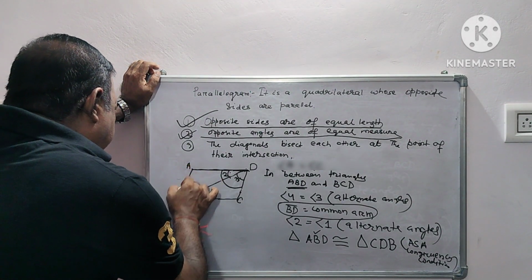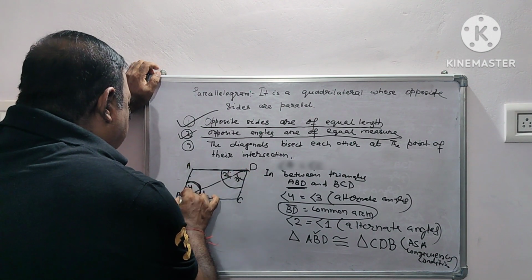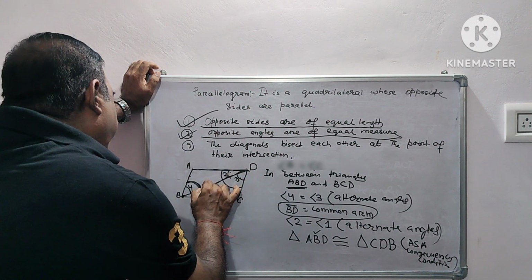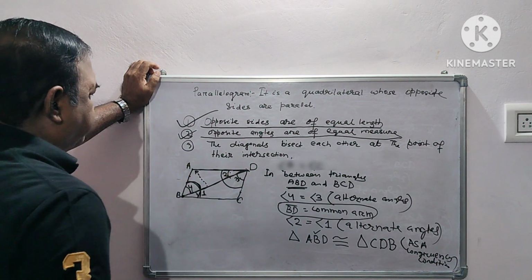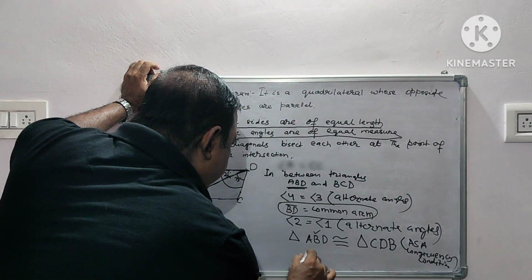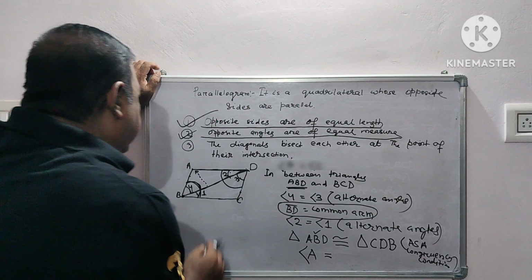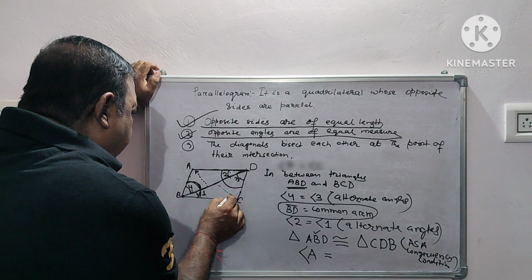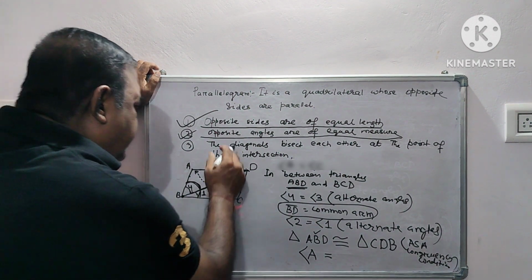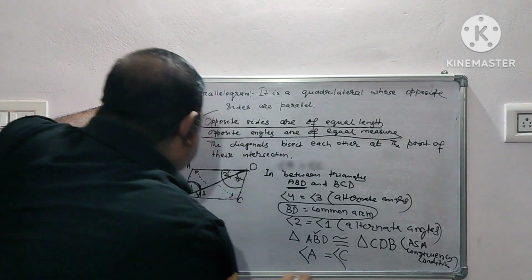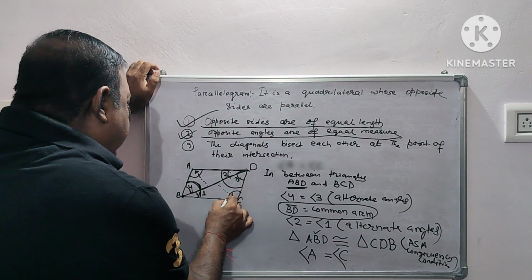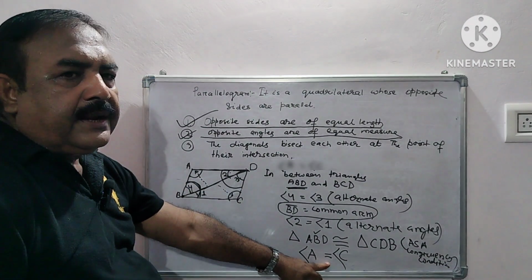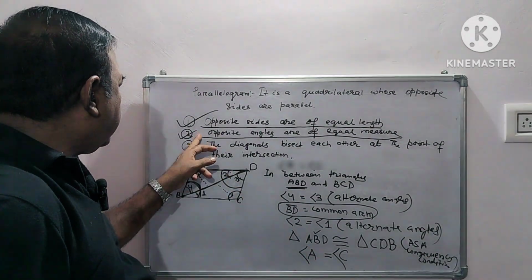So in ABD triangle, the BD side has the opposite angle, angle A. That is equal to the same BD side. It has the opposite angle and angle C in case of BCD triangle. So you see, both angle A and angle C are opposite angles, but they became equal in measure. What we proved? So the point 2 is over.